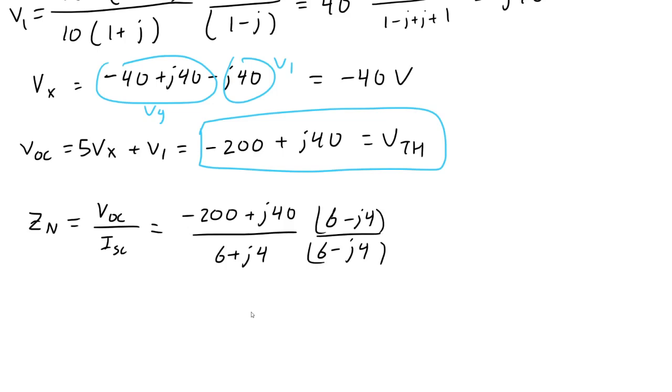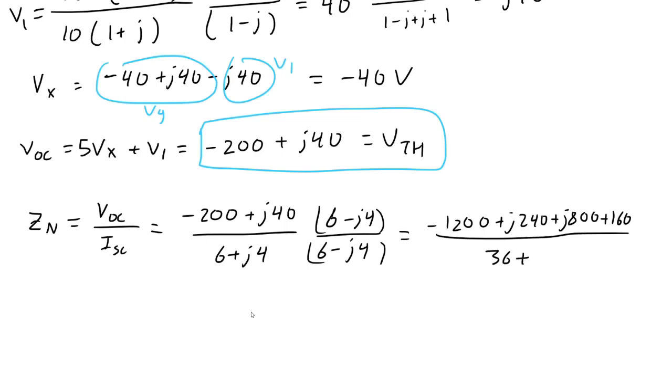That's going to end up being minus 1200 plus j240 plus j800 plus 160 divided by 36. So 6 times 6 is 36. 4 times 4 is 16, so 52, which means that Z Norton is going to be minus 20 plus j20 ohm.